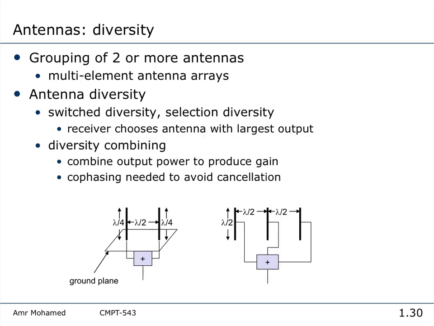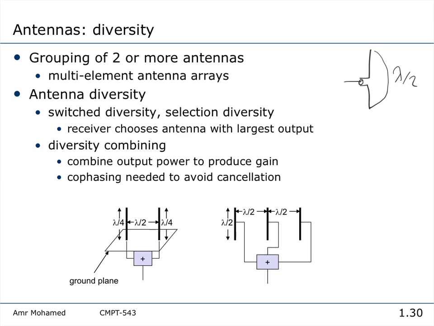A very important characteristic of the antenna, as we have discussed before: for the dipole antenna, there are 2 types. The dipole antenna can be fed from the middle, so the energy comes from the middle, in which case the length is lambda over 2, or should be lambda over 2.